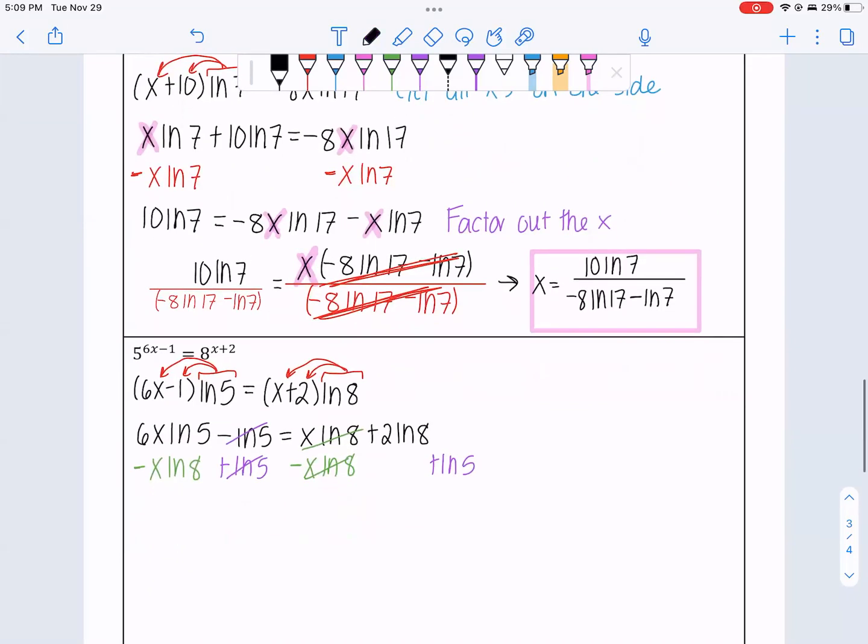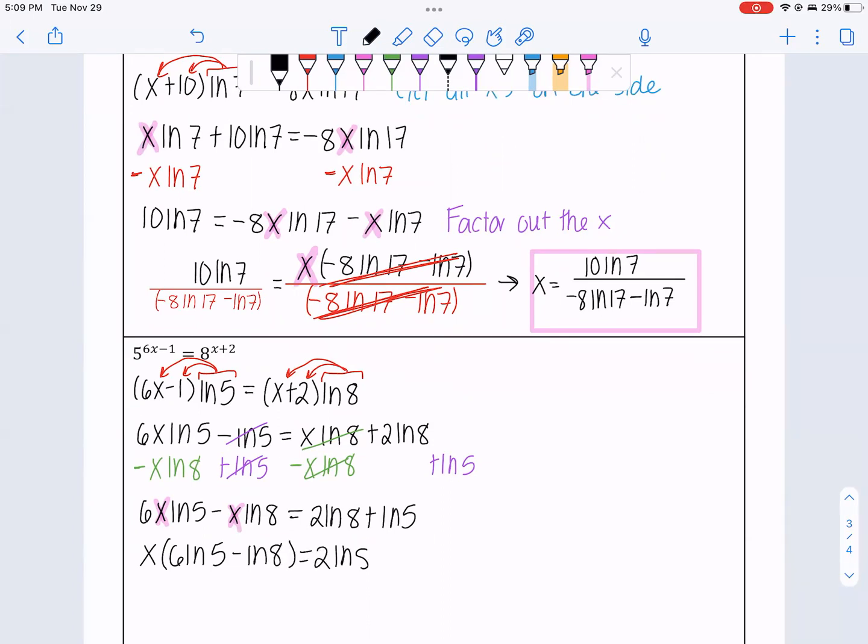On the left side, we're left with 6x ln 5 minus x ln 8 equal to 2 ln 8 plus ln 5. Everything on the left-hand side has an x in it, so I am factoring an x out. I'm left with 6 ln 5 minus ln 8 equal to 2 ln 8 plus ln 5.